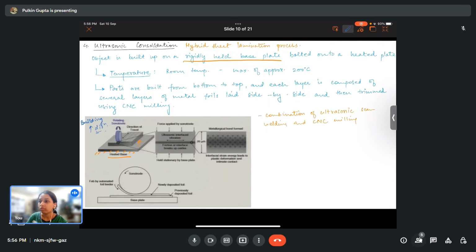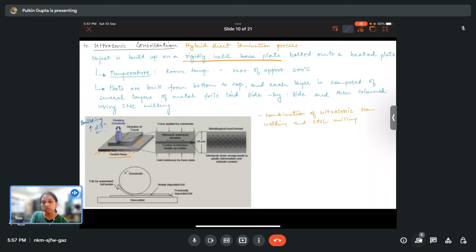Okay, from bottom to top, and each layer is composed of several metal foils. So we had already discussed that in laminated object manufacturing, you have different 2D sheets stacked over one another. So it is composed of several metal foils, and then it is trimmed using CNC milling, so that you get the final contours of your object.